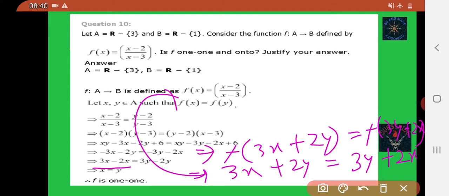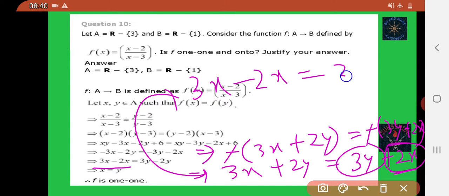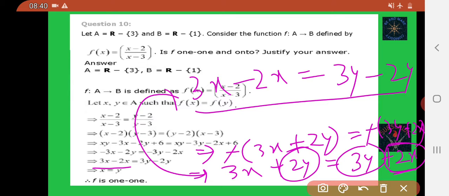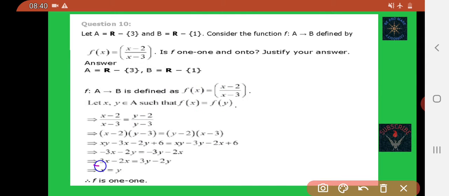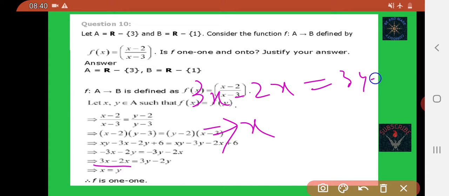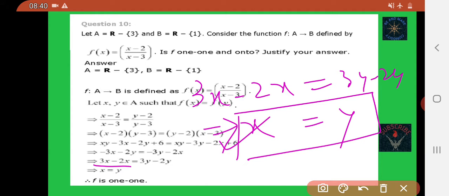Okay, now you take the term which contains x, you bring this one to the left side, and 3y you take to the right side, then you get this much. Okay, and then you subtract: 3x minus 2x is equal to x, and 3y minus 2y is equal to y. So you got x is equal to y.